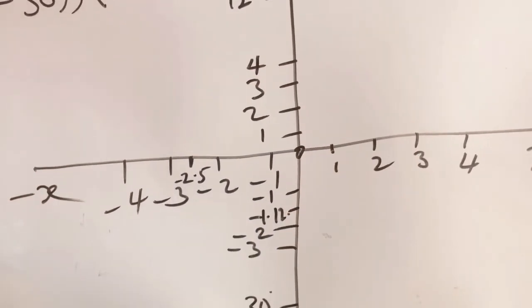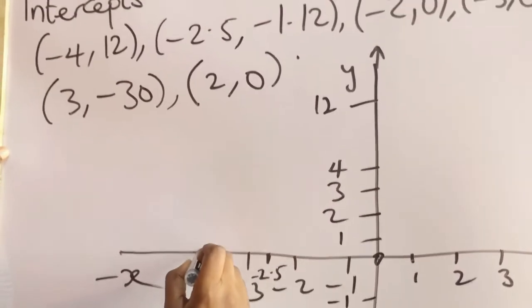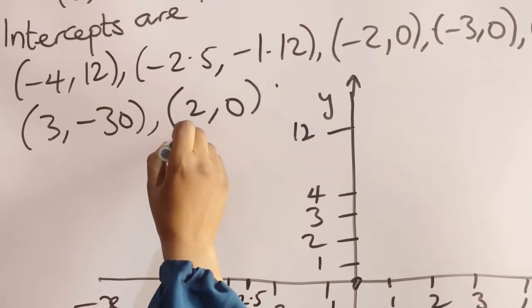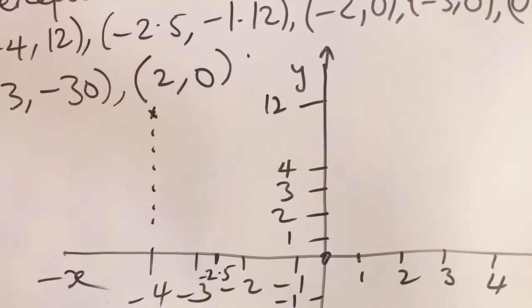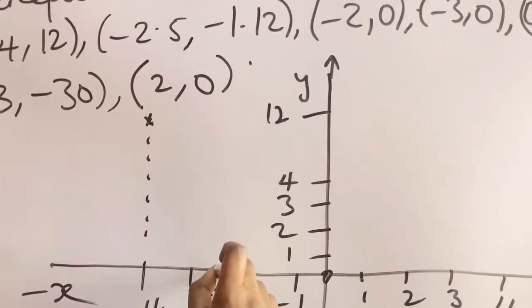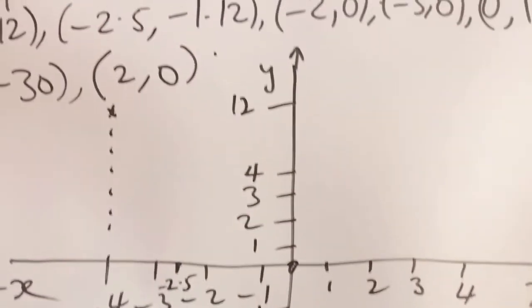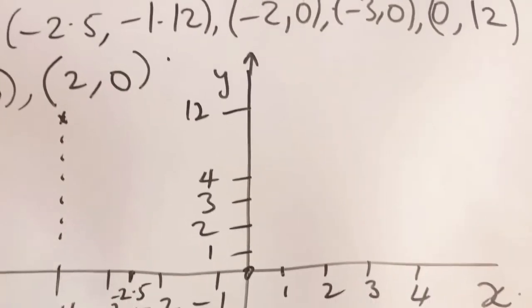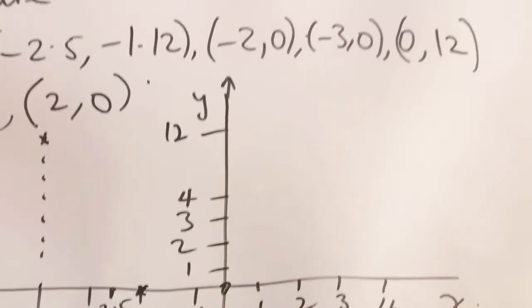So when x is equal to minus 4, y is equal to 12. Trace it up to this place. When x is equal to minus 2.5, y is minus 1.12. When x is equal to minus 2, y is equal to 0, to be on the line.